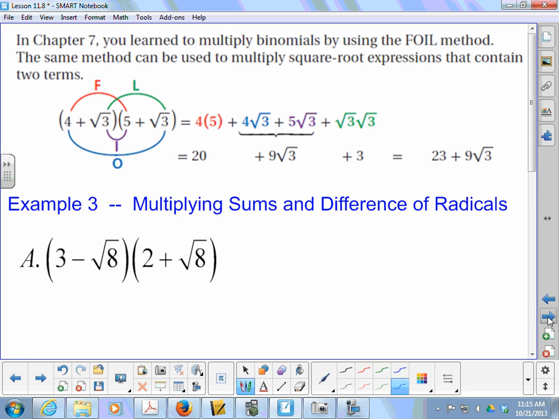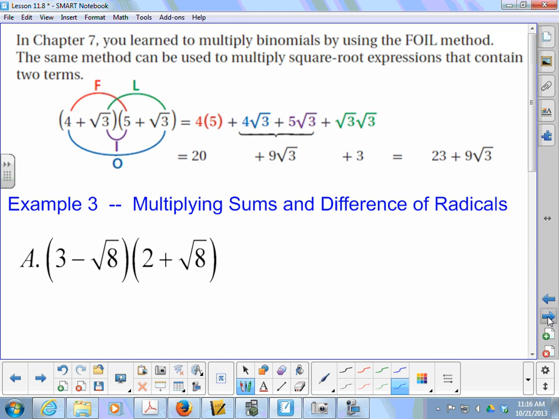All right, last one for today. How many of you know how to FOIL? I think all of you know how to FOIL. We are actually going to use FOIL with radicals. But now, I need to share with you something, and this is a warning for you.